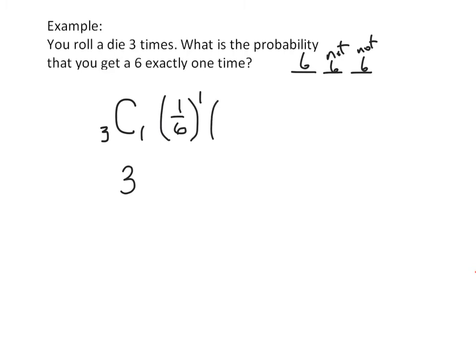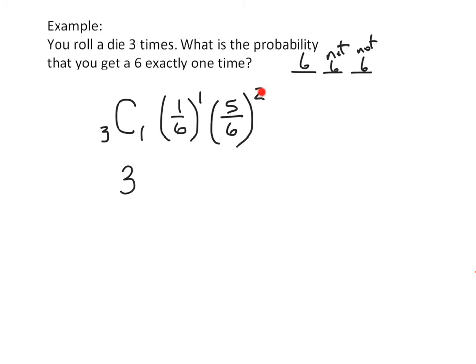So we're going to find the probability of something not being a 6, which is 5 out of 6, and we're going to raise that to the second power because we want 2 rolls to be not a 6. So 1 roll we want to be a 6, and that's 1 out of 6 chances, and 2 rolls we want to get not a 6, which is 5 out of 6 chances.